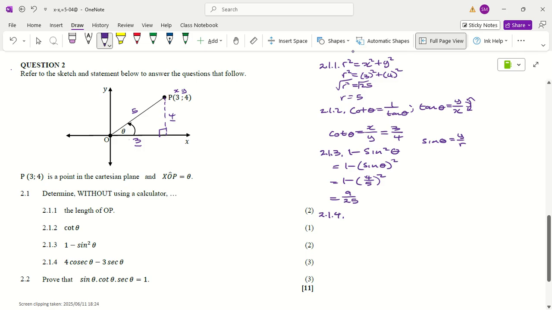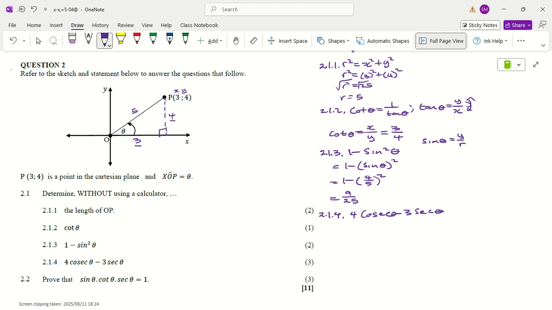2.1.4, we need to find 4 cosec theta minus 3 sec theta.